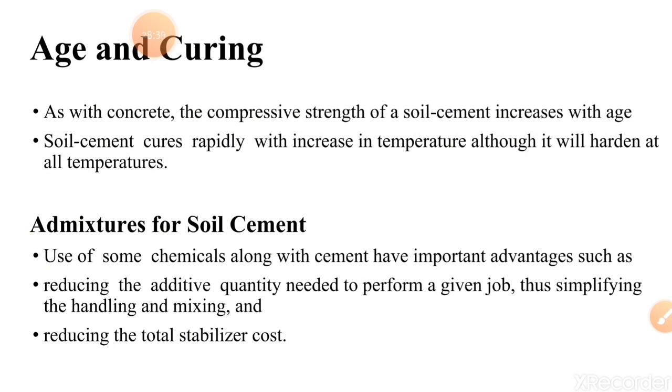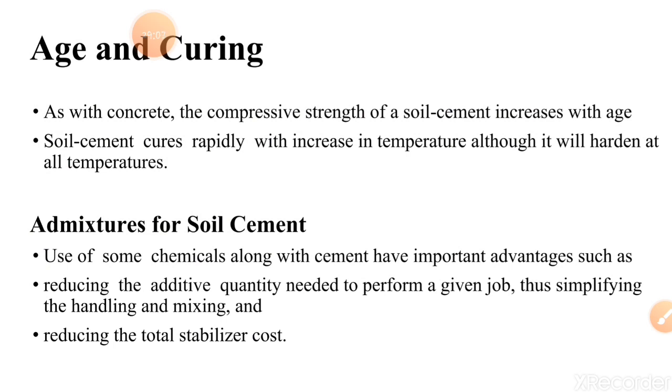Sometimes cement itself cannot give us the required strength. At that time, we need to add certain admixtures to the cement. Use of some chemicals along with cement has important advantages, such as reducing the additive quantity needed to perform the given job, thus simplifying the handling and mixture, and also reducing the total stabilizer cost.